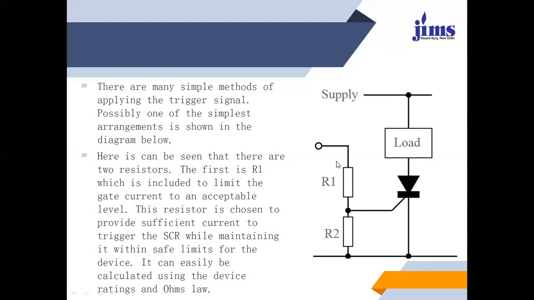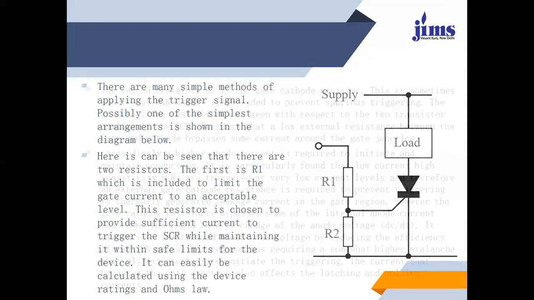R1 works as a limitation of the current flowing through the circuit towards the gate, and R2 makes a path in between. R2 also limits the current or the voltage placed across this point. So the maintenance of the voltage and current is an important parameter to keep the SCR in a safer zone.